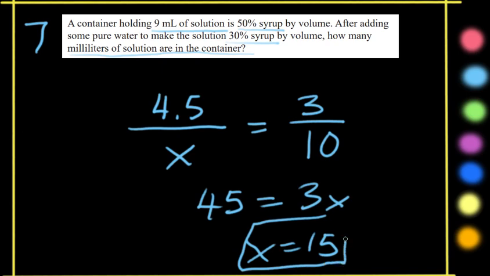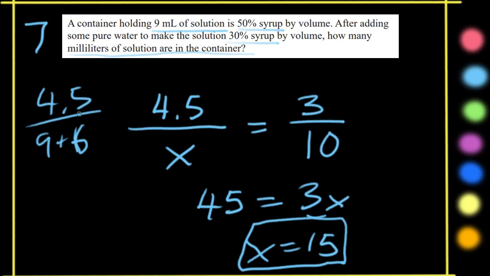So if you want, you can double check that. There are different ways to do this. For example, you could say, okay, that 15 is going to be 6 additional milliliters of water, which puts us up, it's 4.5 divided by the original 9 plus 6 additional, it's going to be 30% there.